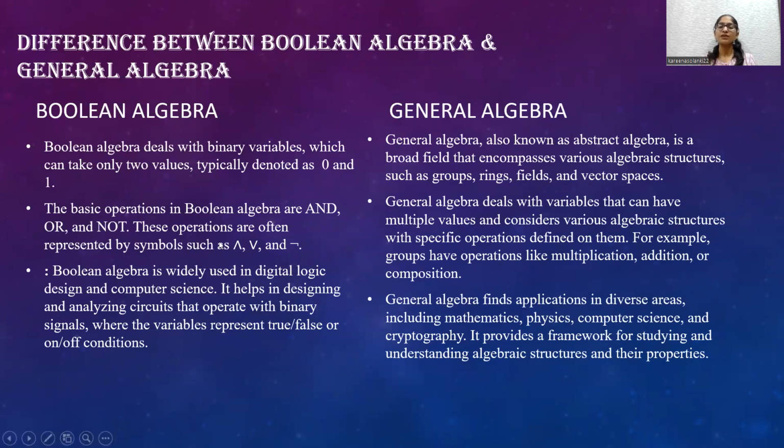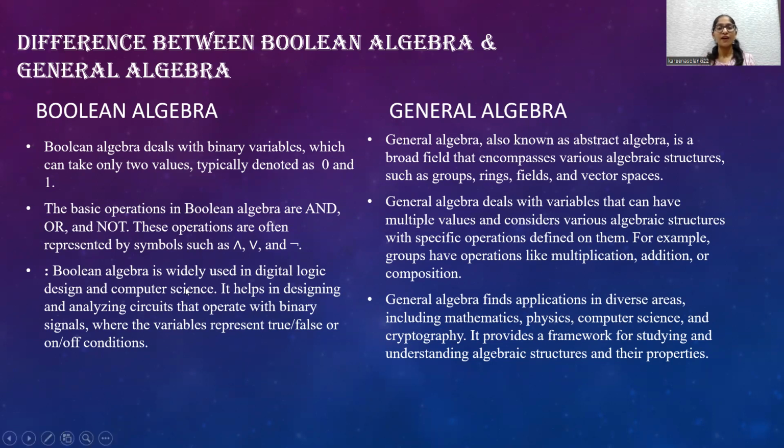The basic operations in Boolean algebra are AND, OR and NOT, and these operations are often represented by specific symbols. Whereas general algebra deals with variables that can have multiple values and considers various algebraic structures with specific operations defined on them. For example, it has operations like multiplication, addition or composition.